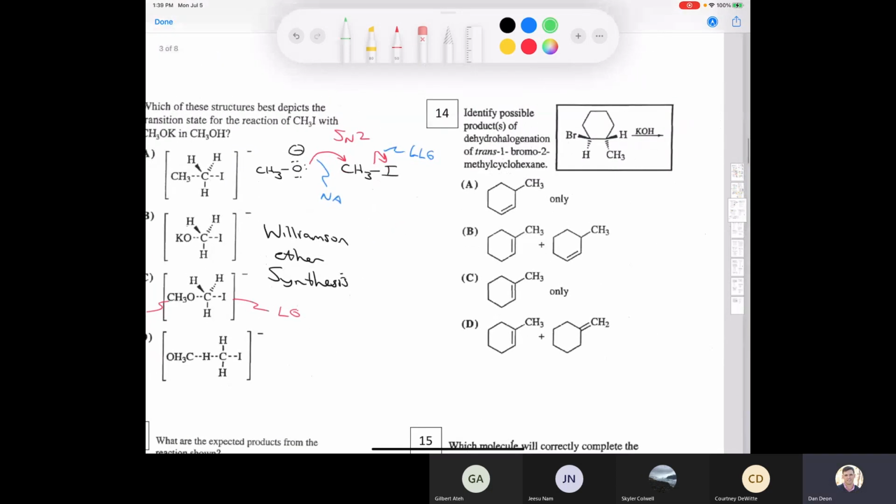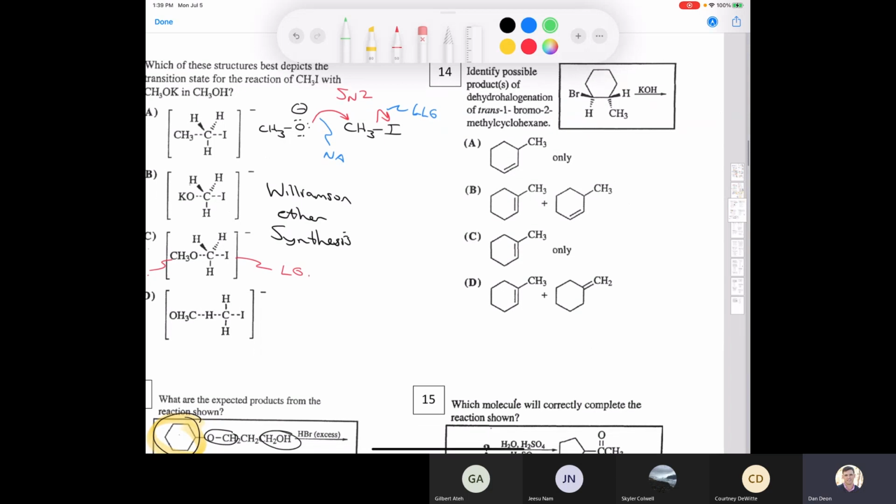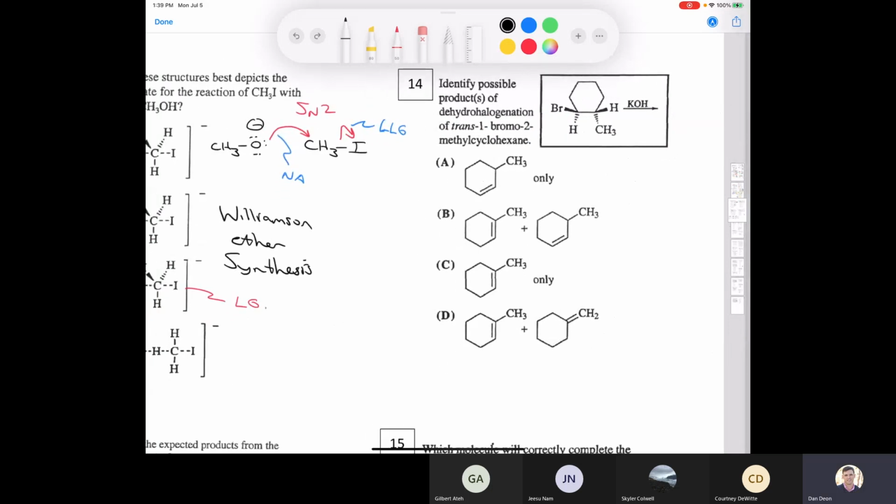Let's move on to question number 14. Identify the possible products of the dehydrohalogenation of trans-1-bromo-2-methylcyclohexane. So if we want to do an elimination on this, we draw a chair of this molecule. This conformation might be easier.